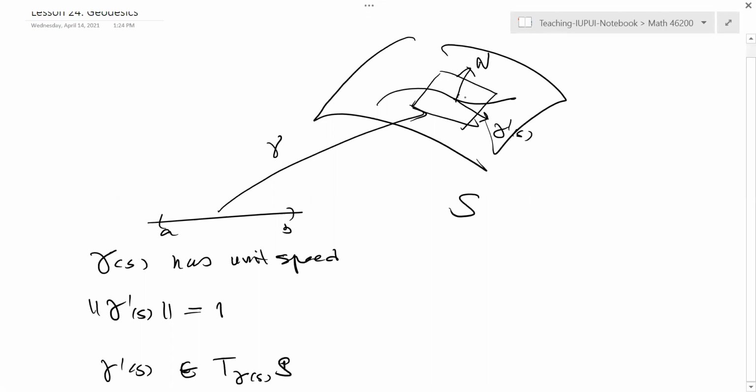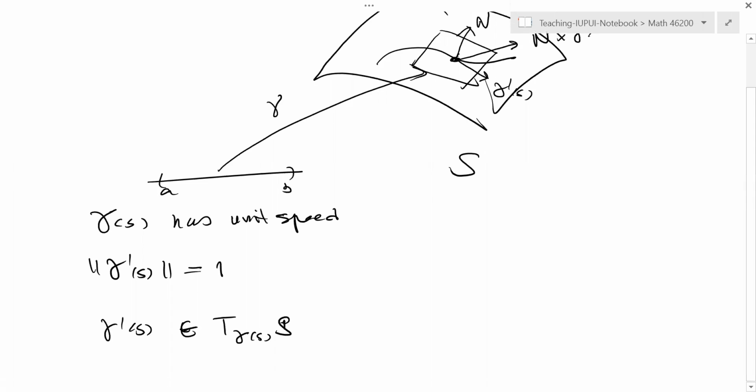So then you can get a frame, that's called n cross gamma prime. So you have an orthogonal frame around this curve on the surface. There's a natural orthogonal frame there. So any vector can be a linear combination of those three vectors.